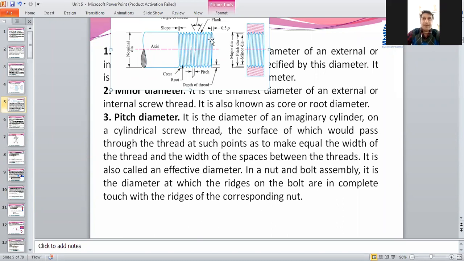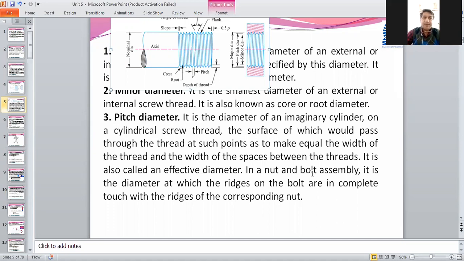That means when you assemble the nut with the bolt, the pitch diameter is the line or diameter where they face each other. That is nothing but the inner diameter of the nut and the outer diameter of the bolt, coming on the same line. This is the pitch line.